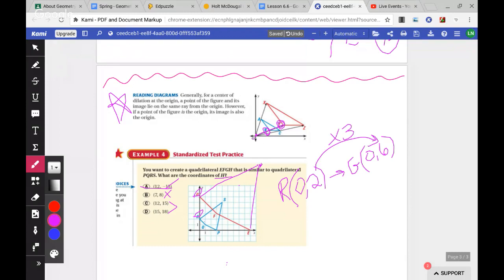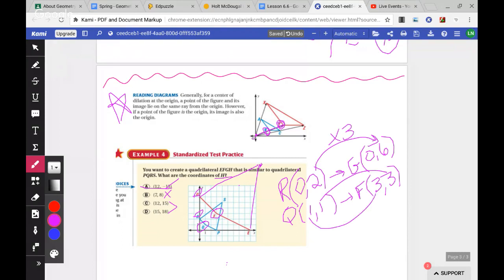Let's choose Q and F. Those two correspond. Q is 1, 1. And it changed to F, which is 3, 3. So we still multiplied by 3 with those Y's.